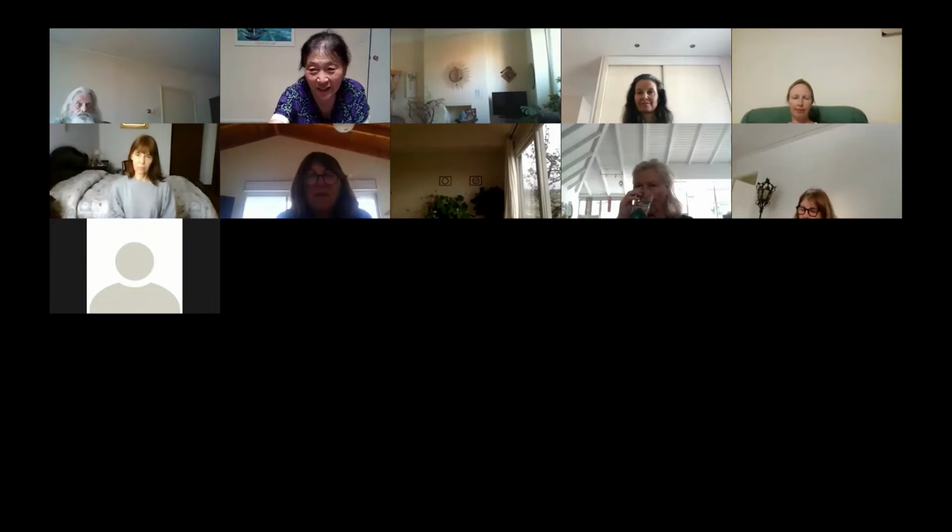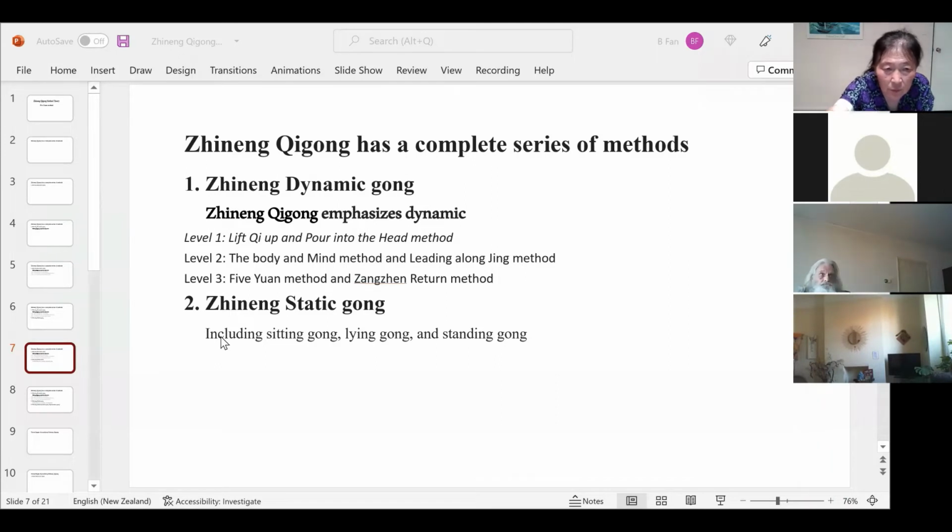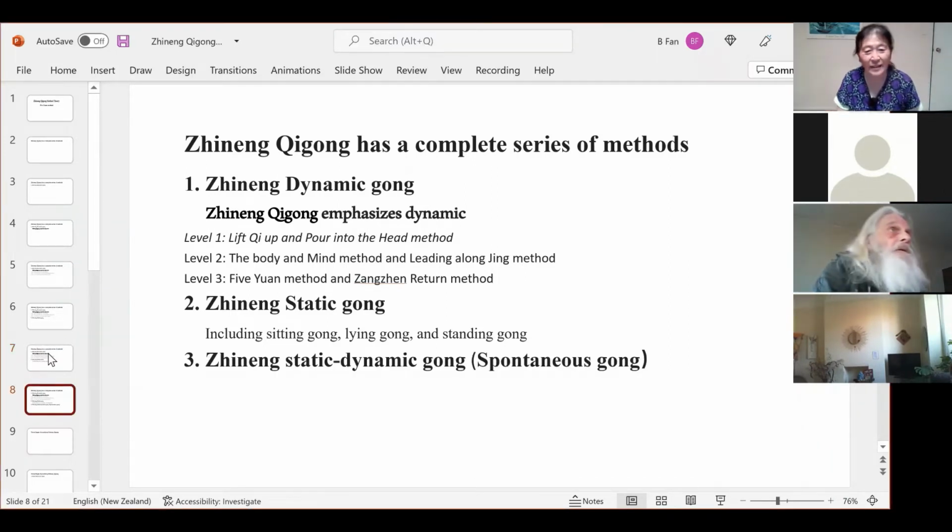And then there's another way. I think some people know it, but some people may not. It is static dynamic Gong, or say spontaneous Gong.